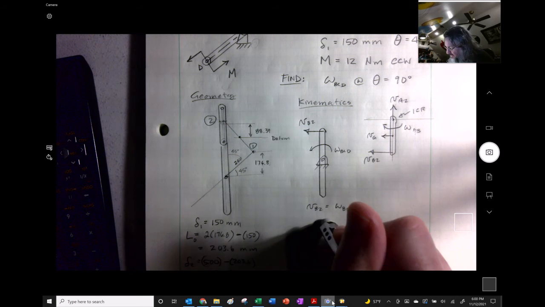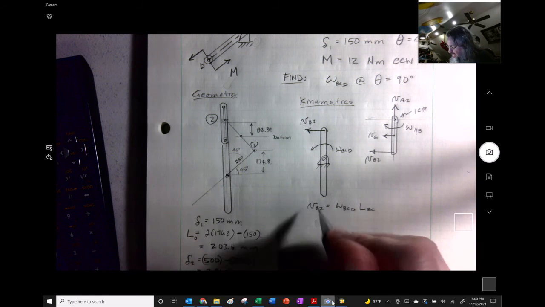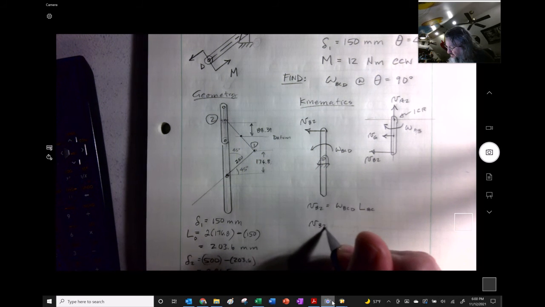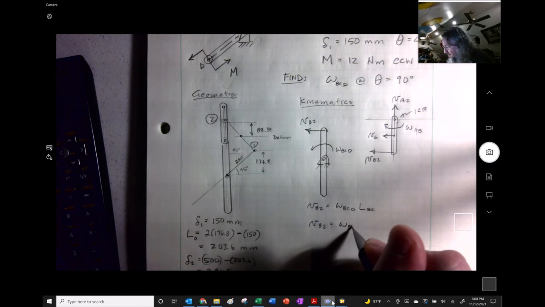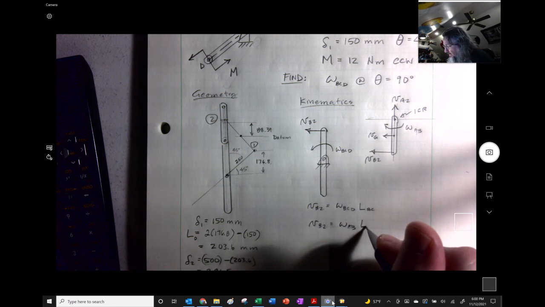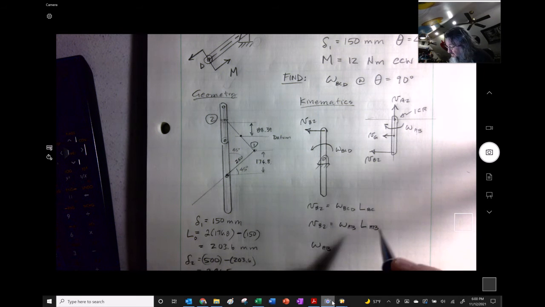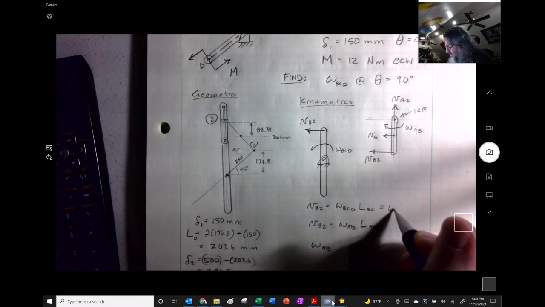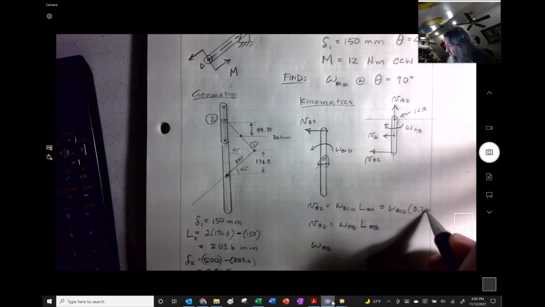We also have that VB2 is equal to omega AB, this is going to be up here, times L AB. So therefore omega AB, and these are both equal to omega BCD times 0.25.